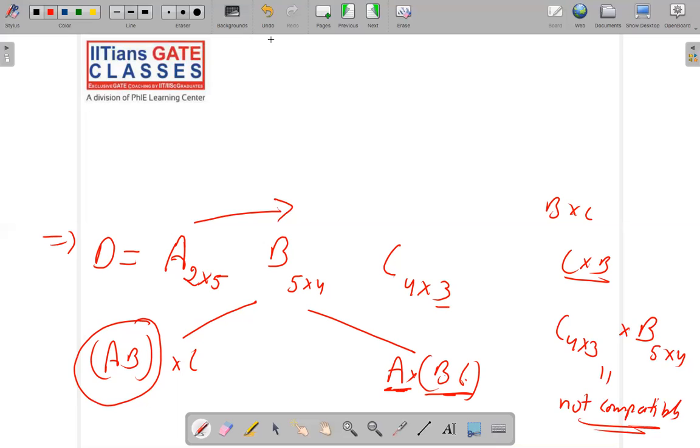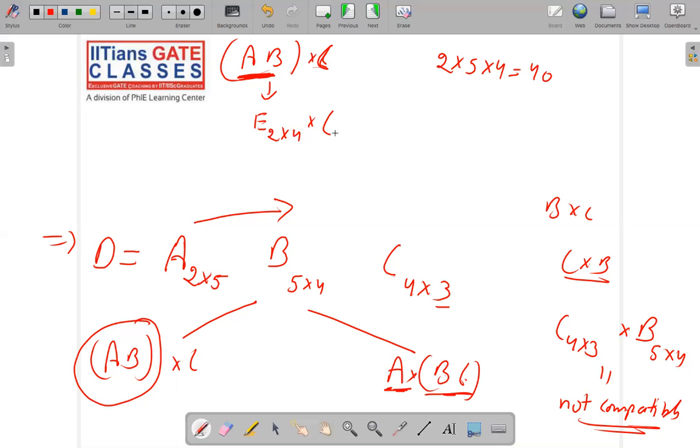So let's consider the effort for the first option, A, B, and C. What is the effort to multiply AB? It's 2 multiplied by 5 multiplied by 4, which is 40, right? 40. And the resulting matrix, if you consider it as E, its dimension will be 2/4.